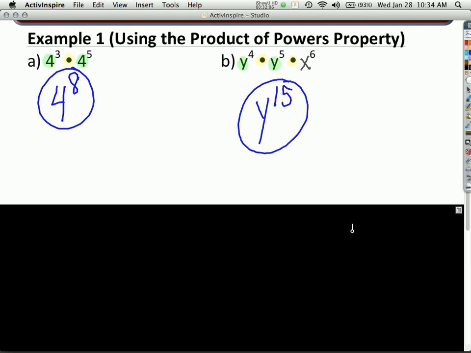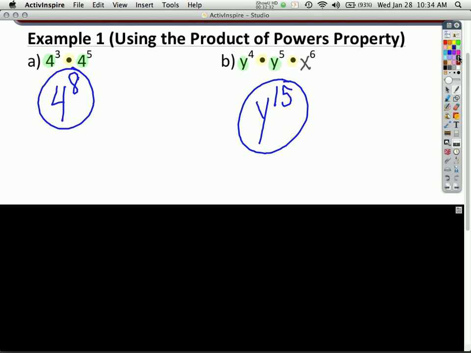But now go back to the property itself. What was one of the key words in the property that I highlighted that was really important? Same base. And so it only applies if they have the same base. So what Yasmin said was spot on. In this case, it would be only these two together, y to the 9th, then you would just leave x to the 6th, and so this is what it would look like.